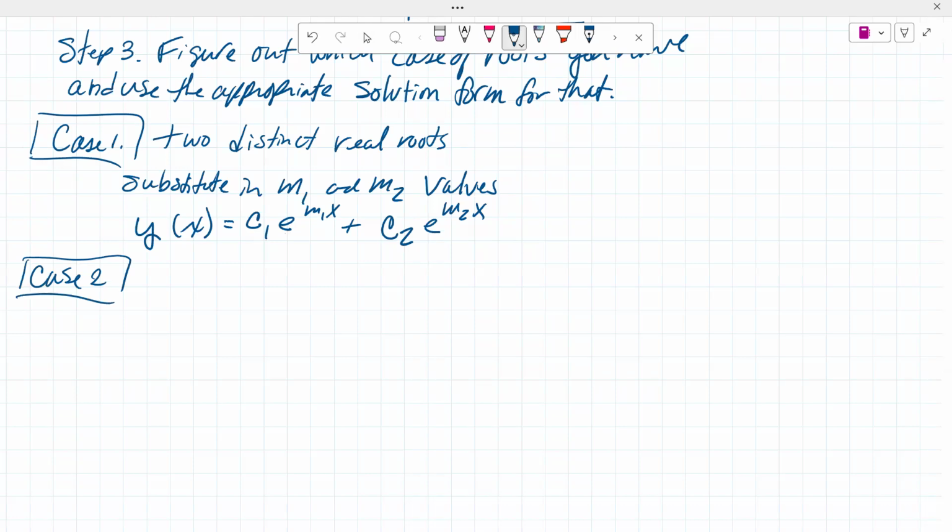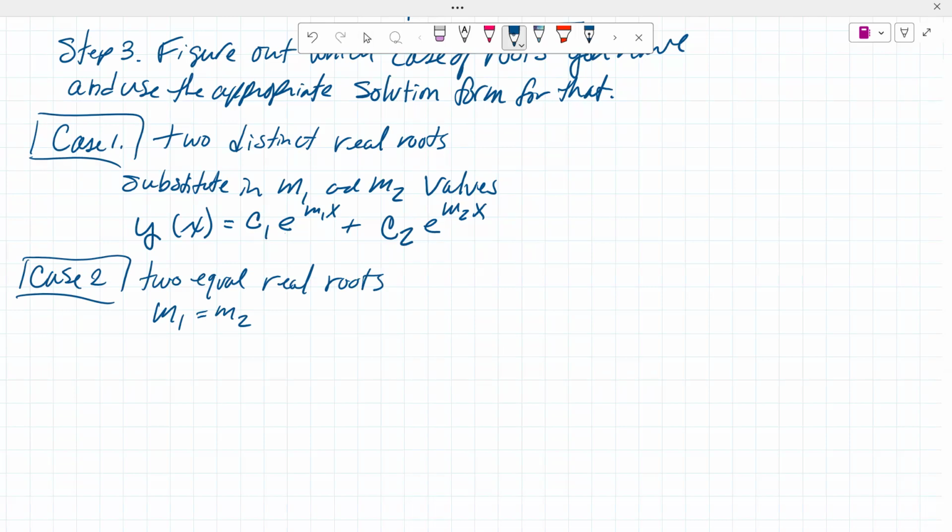All right, case 2. You could have 2 of the same, 2 equal real roots. In fact, what that means is just m1 equals m2 when you solved above. And so then you just get basically the same thing.